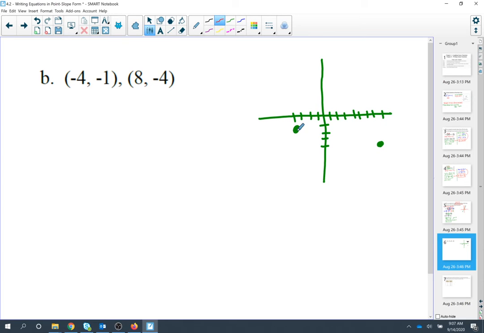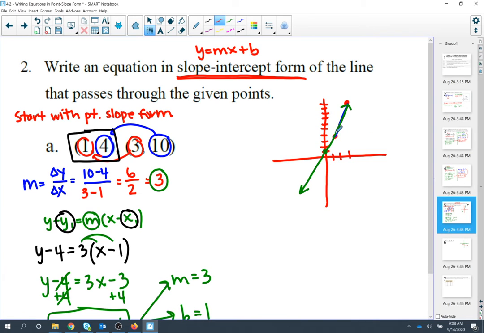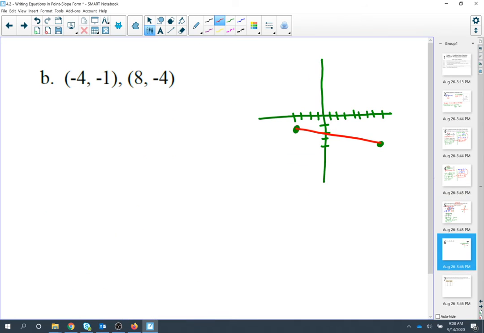So our line, at the moment, looks something like that. Now, neither of these points is the y-intercept. I could make a rough guesstimate that the y-intercept is at -2, but I'm not going to trust my picture because if you remember this picture back here, I would have never got that. Like my picture was way off. So I'm going to go with the math here and let's figure this out.